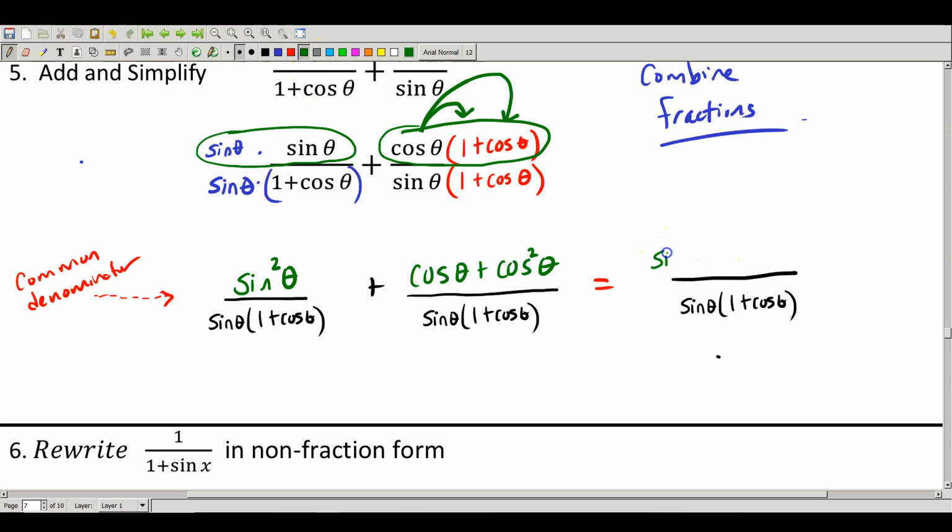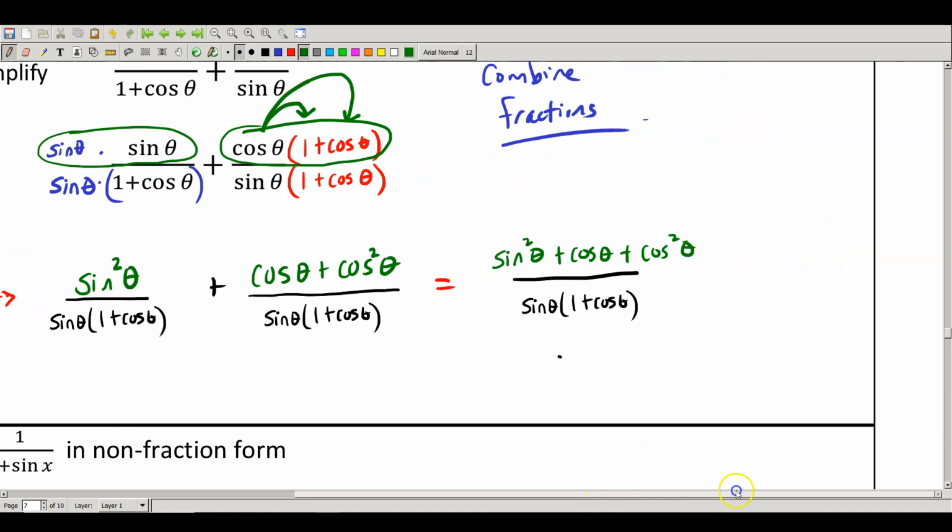We have sine squared plus cosine plus cosine squared. Okay, so a very similar thing happens now. You can see sine squared plus cosine squared.